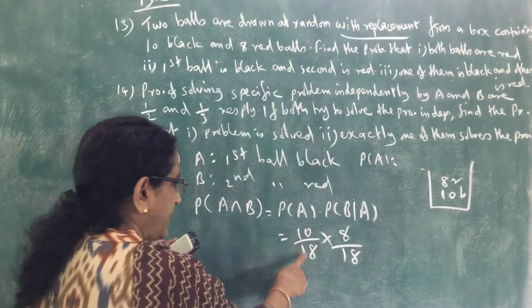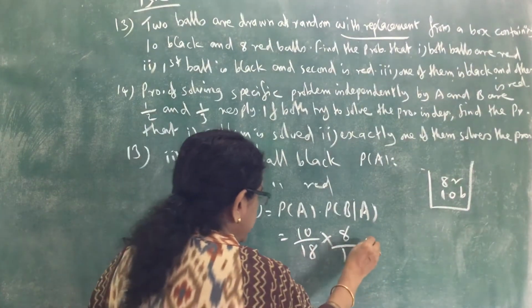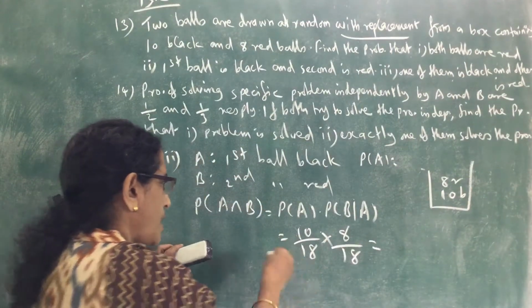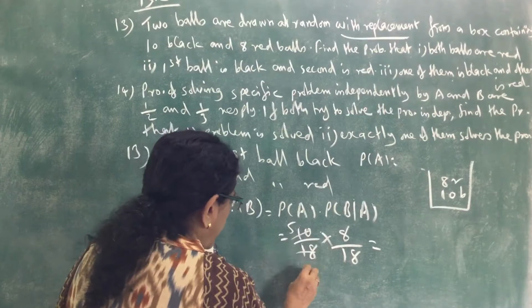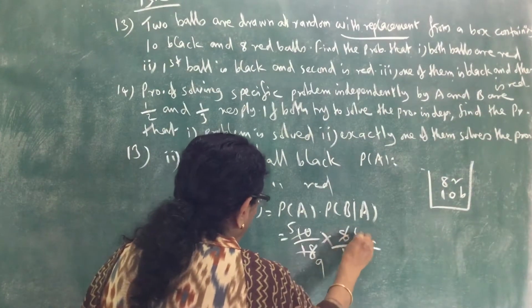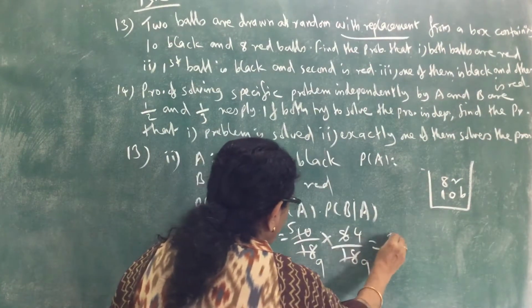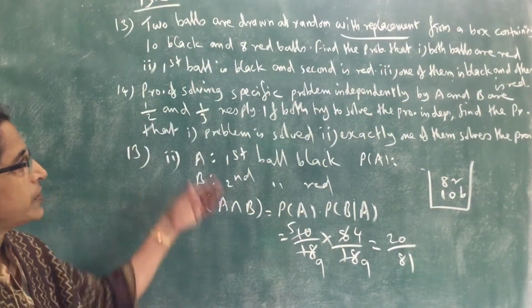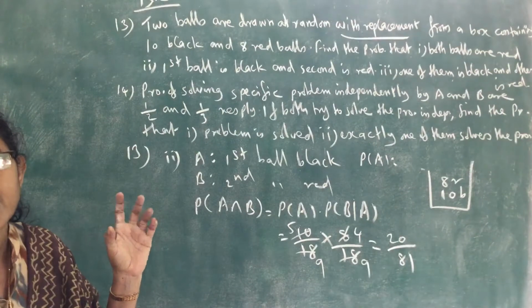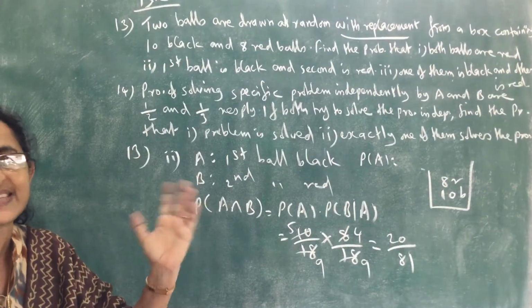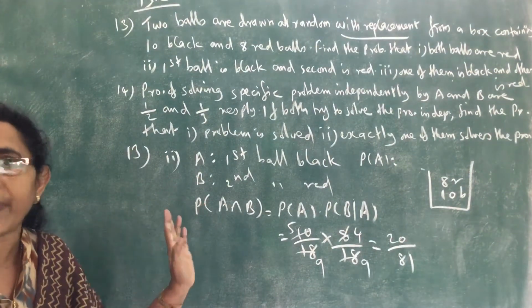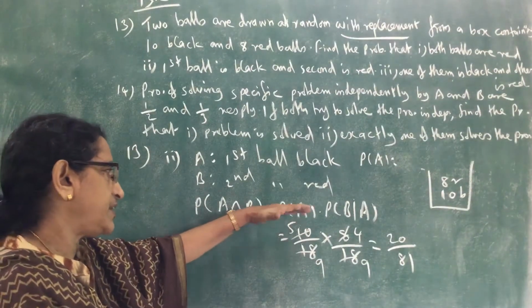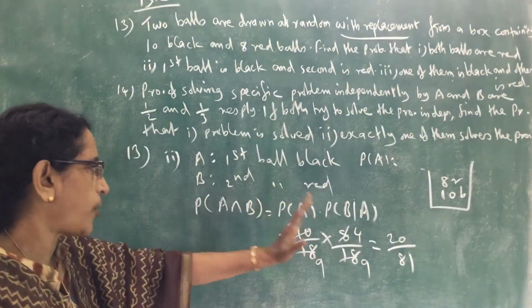So 10 by 18 into 8 by 18 is equal to 5 by 9 into 4 by 9, that is 20 by 81. That is the second probability. Remember to note down the term with replacement: in that case A and B, the first and second draws, are independent, so we can directly find the probability of A into the probability of B.